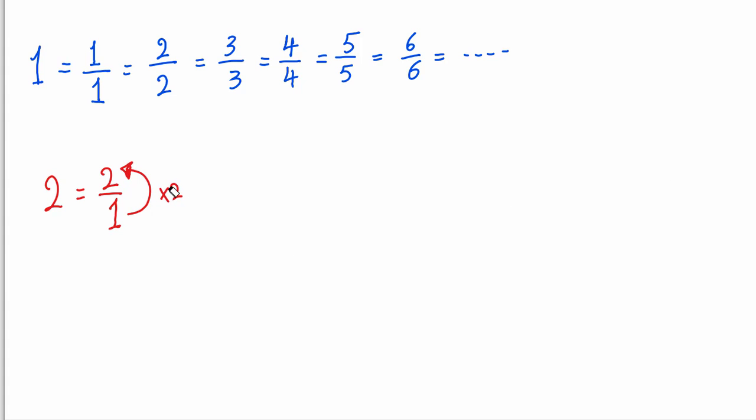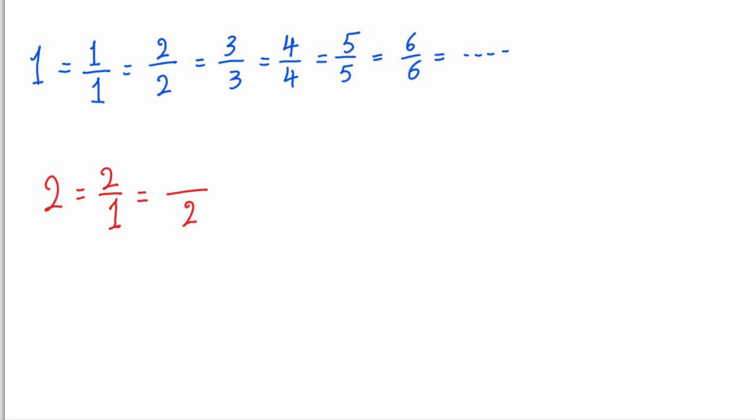So the numerator is double the denominator. Okay, I need to erase this first. And let's continue. I want someone to help me. If I use 2 down, so what should I write in the numerator?